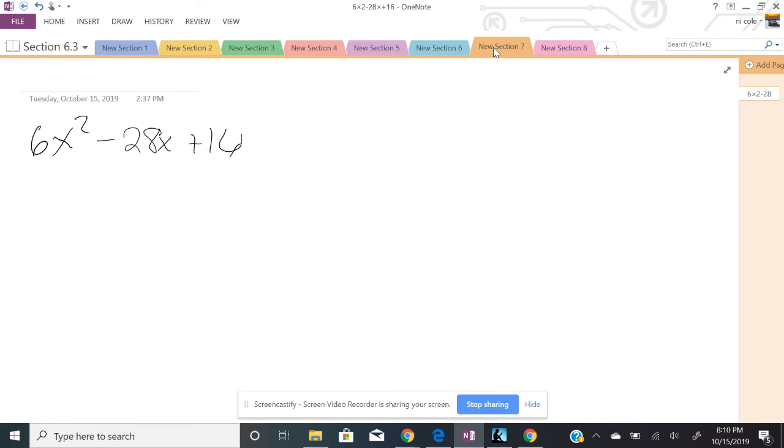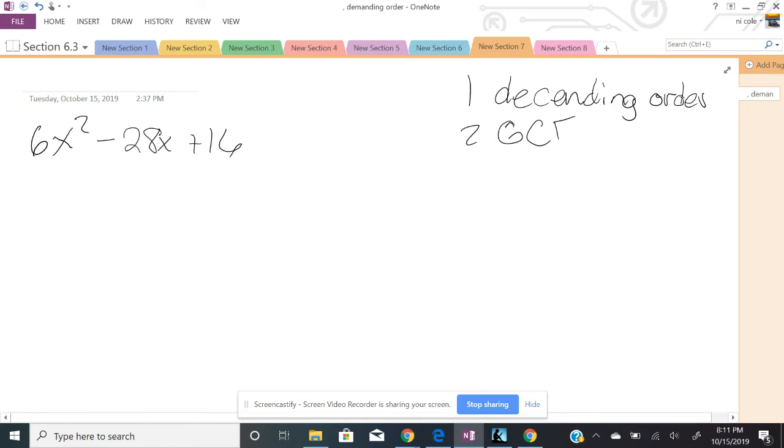Okay. Right, remember in the last section, we talked about factoring out the greatest common factor. So that's the first thing you do with factoring, is factor out the greatest common factor. Okay, well, actually, I lie. You want first descending order, then you want to factor out the GCF, the greatest common factor, and then you go into those little sets of parentheses.